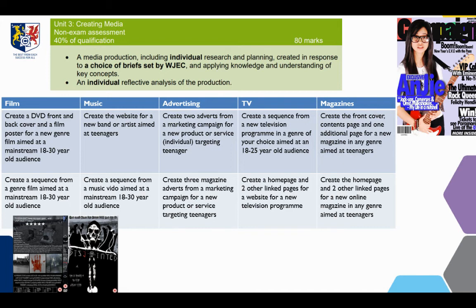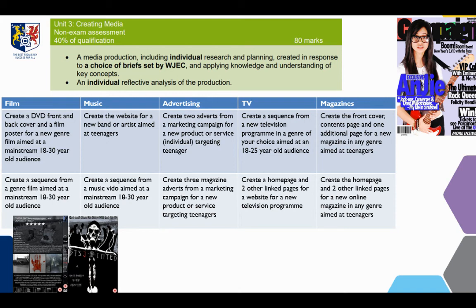All these tasks are broken down into print, online or film. For each industry, film, music, advertising, TV, and magazines, there is an online or print option or a video option. For example, for music, you might create the website for a new band or artist, or a sequence from a music video.